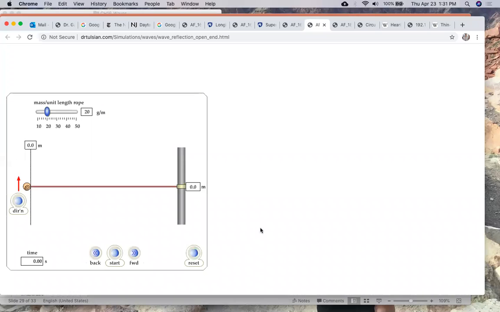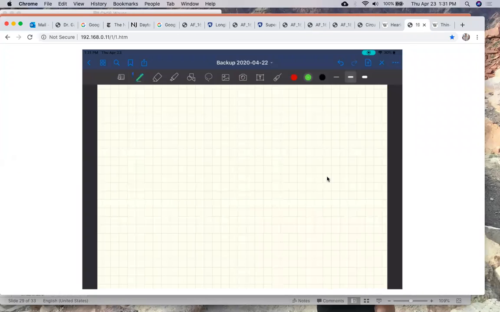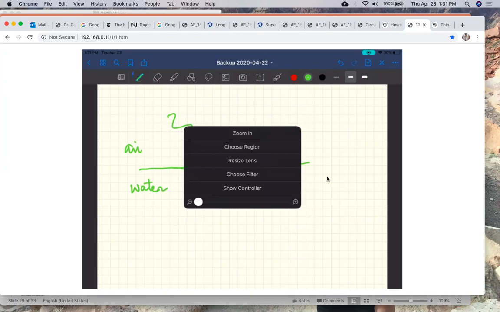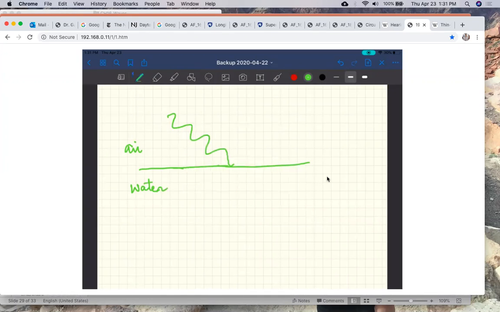And this is not just academic interest. For instance, air, water. If a light wave reflects off a water surface, the water surface is acting like a fixed end, and so a positive pulse will become, upon reflection, a negative pulse.